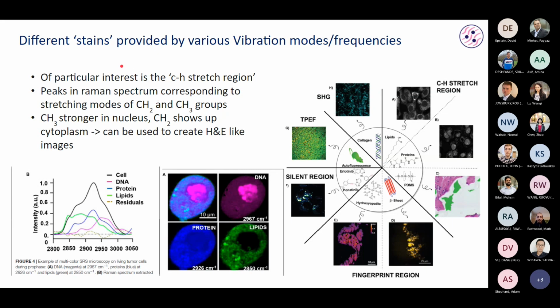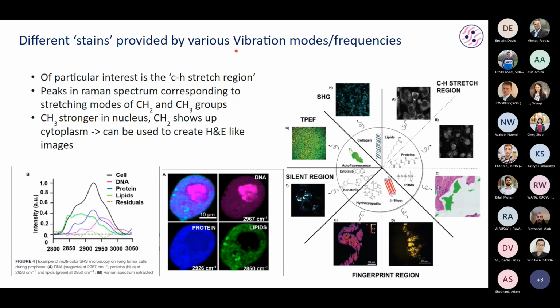So this image on the right is just a bit of an overview of that. The right-hand and bottom ones are various different wavelengths of Raman spectroscopy, and here we have the second harmonic generation and two-photon fluorescence, which I'll also talk a bit about later on.